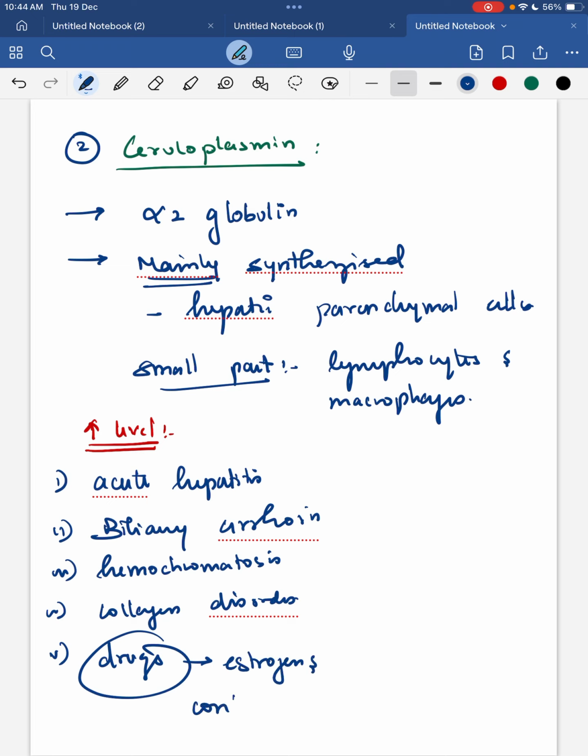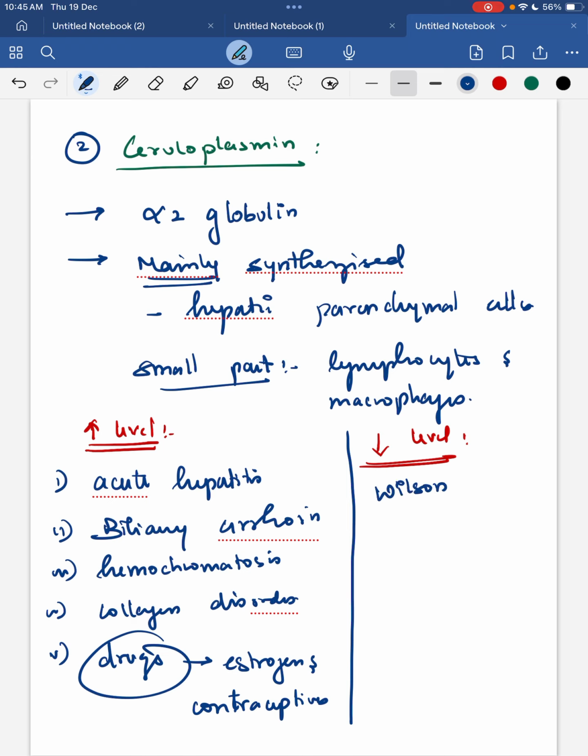In which conditions is your ceruloplasmin decreased? Supposing they ask a separate question regarding ceruloplasmin, decreased levels are seen in Wilson disease, malnutrition, and nephrosis.